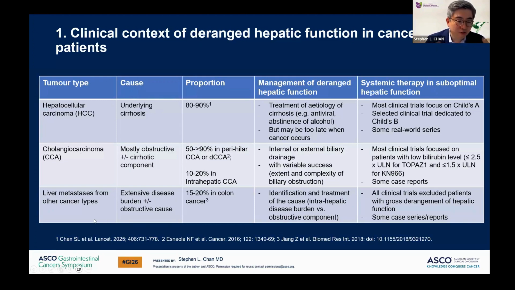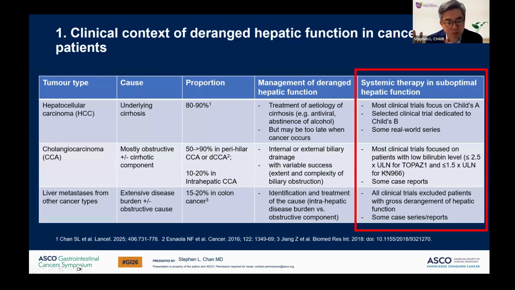And last but not least, even for other patients with extensive liver metastasis, like colorectal cancer or even lung cancer and breast cancer, we still identify some patients with impaired liver function, either cholestatic or obstructive jaundice or liver failure.